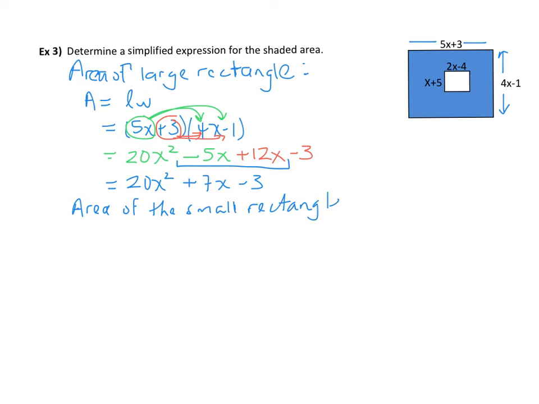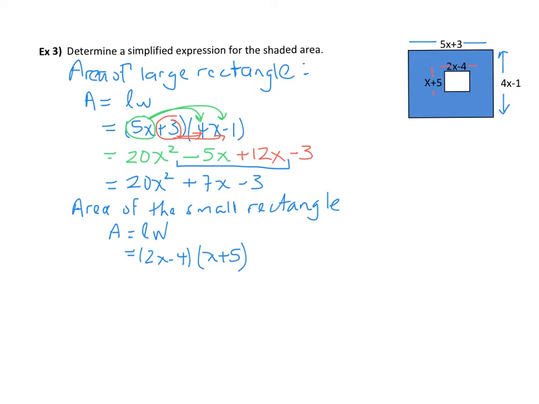Area again is length times width. The length of our small rectangle could be the 2x minus 4, and the x plus 5 could be my width. So if I sub my values in here, I would have a 2x minus 4, and that's going to multiply x plus 5, the width.